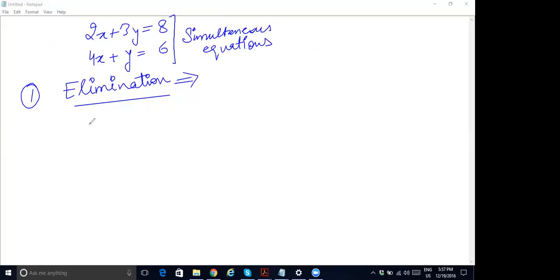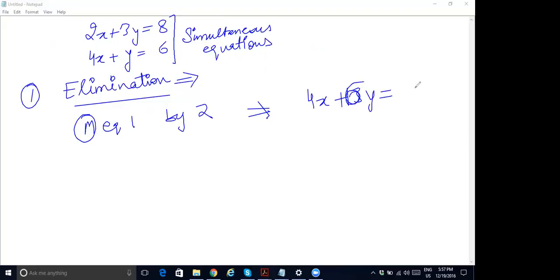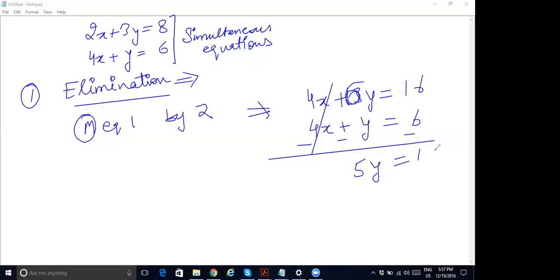So if I multiply equation 1 by 2, the variable will be same. 4x plus 6y is equal to 16 and 4x plus y is equal to 6. I can subtract and I will get rid of x. So, I will get 5y is equal to 10, which will give y is equal to 2.